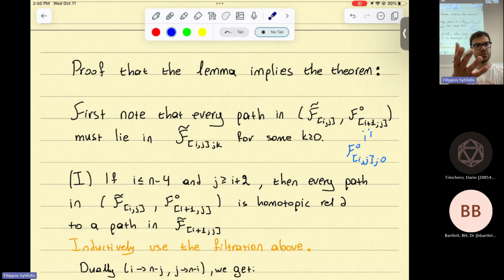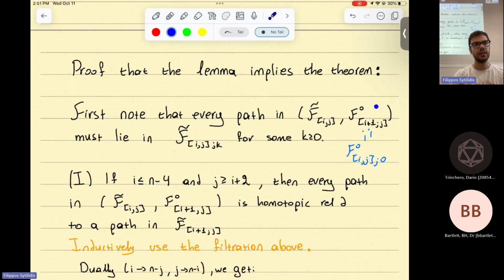It's basically the observation that you had made above. And if I have a path with endpoints here that lives in F_{i,j;k}, then I can use the lemma inductively to make k smaller and smaller until it hits 0.